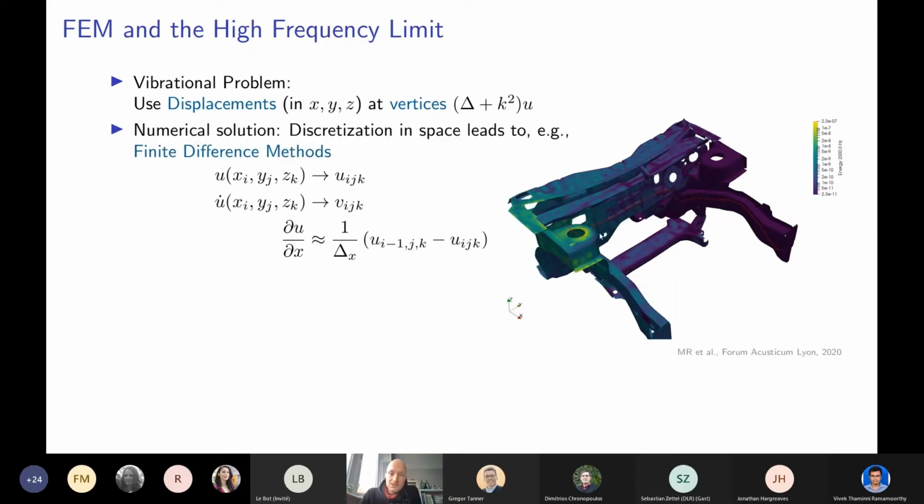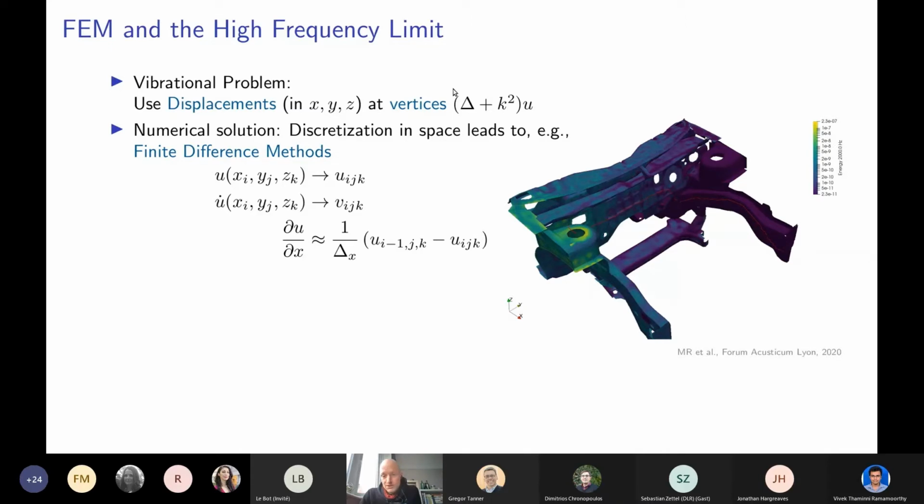And your discretization into this mesh allows you to describe, for example, displacements at vertices of this mesh cells by means of some discretization. And you could, for example, take this differential operator here and write it down in a finite difference form by assuming that the width of all the mesh cells is very small, so that this is actually justified, and then you go on and solve your equation numerically like this.